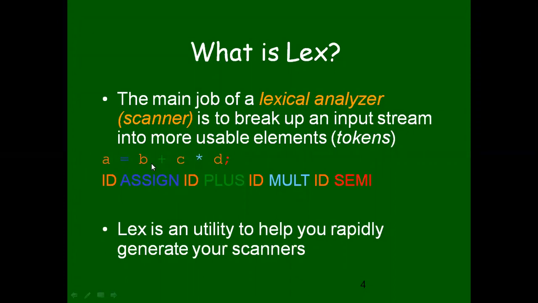Again B is an identifier ID, plus is plus, C is an identifier ID, the multiplication operator is mul, D is again an identifier ID, and semicolon is semi. These are the tokens from the input A is equal to B plus C into D.